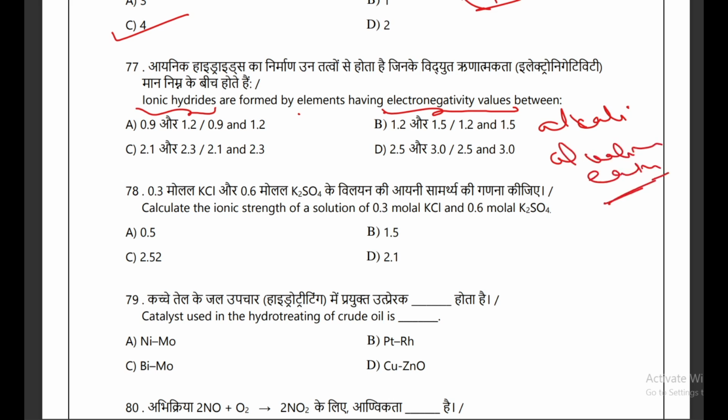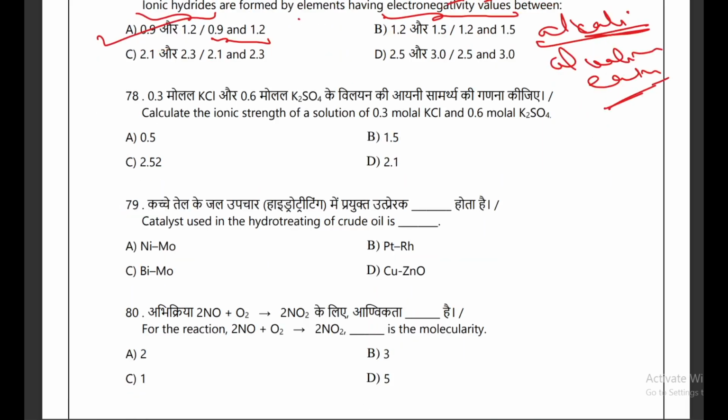These elements have low electronegativity values, which allow them to lose electrons easily and form hydrides with hydrogen ions. They are providing you four options, and in this case the electronegativity value for alkali metals is 0.9 to 1.2. So your correct answer in this question is A.